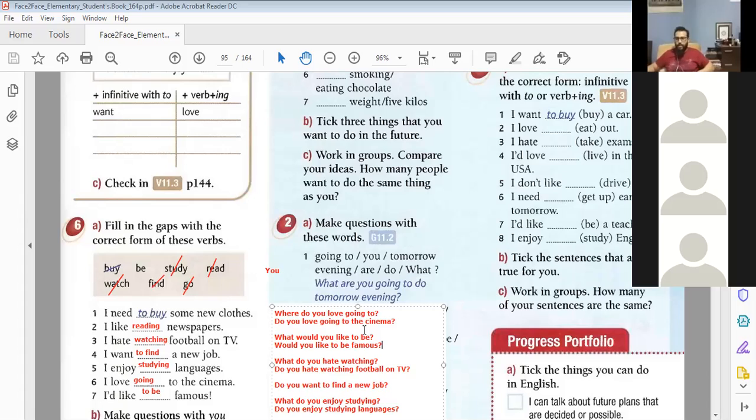Okay? So these are just some examples of different ways to use verbs.